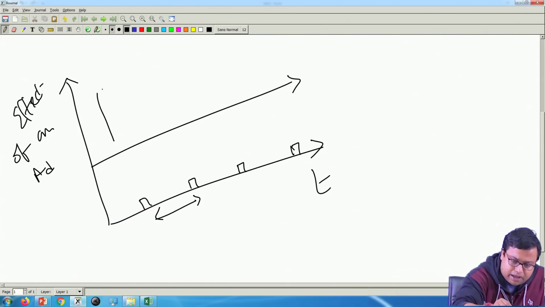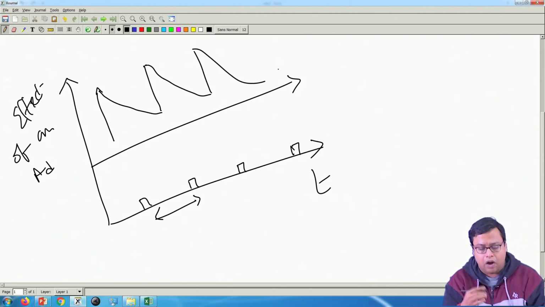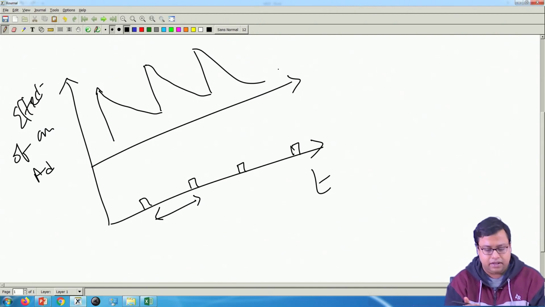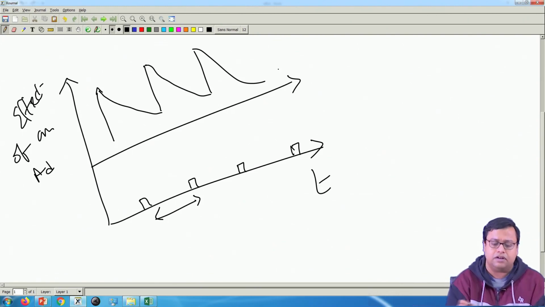Then again you give some ad, it goes up, and again it decays, and so on. Whether the decay is linear, non-linear or curve-related is still an area of research, but these kinds of things happen.